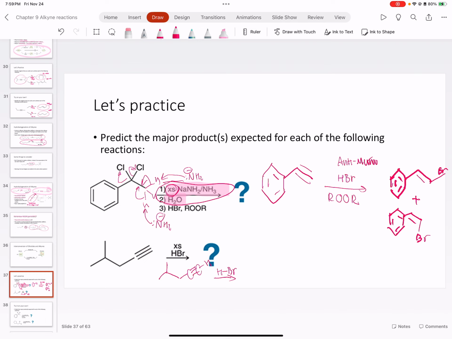Let me see if I drew this right. I don't really remember it that well, but let me see if I can. Let's see if I have carbon in here. Hydrogen.